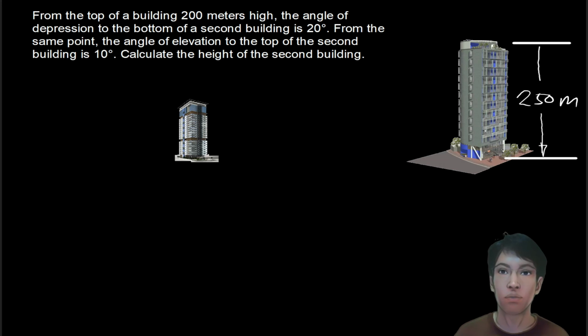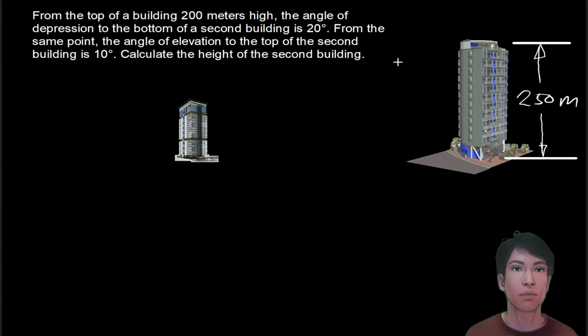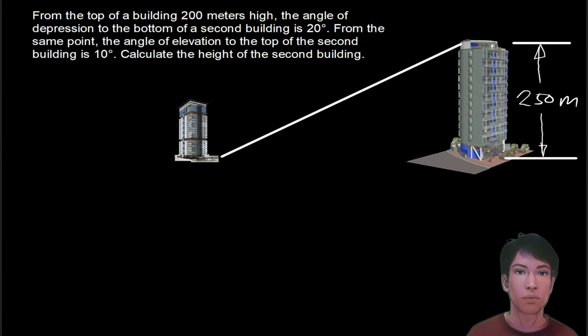The angle of depression to the bottom of the second building is given as 20 degrees.